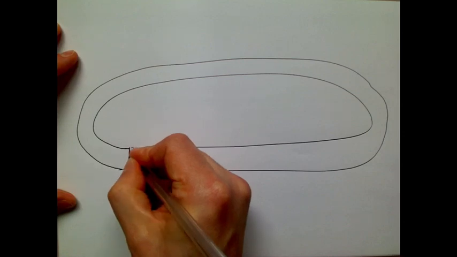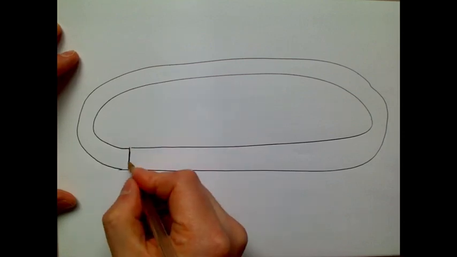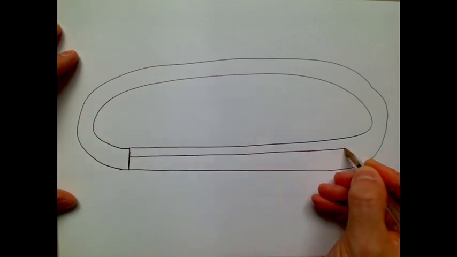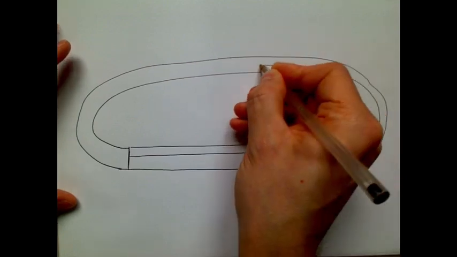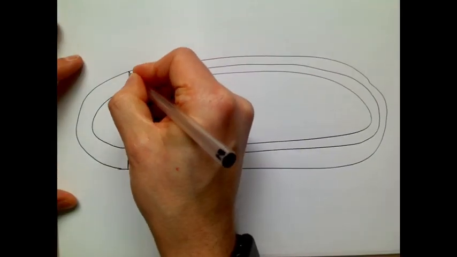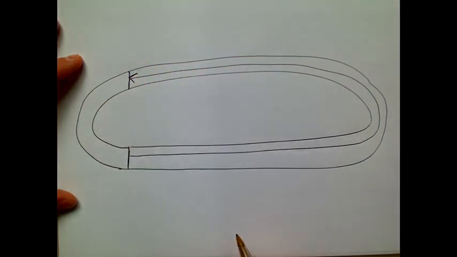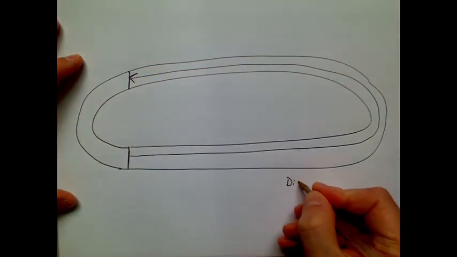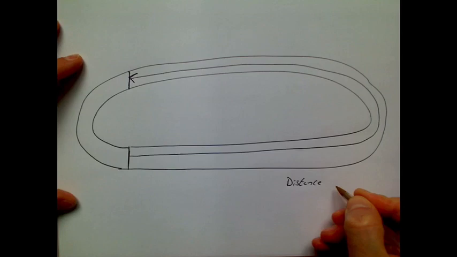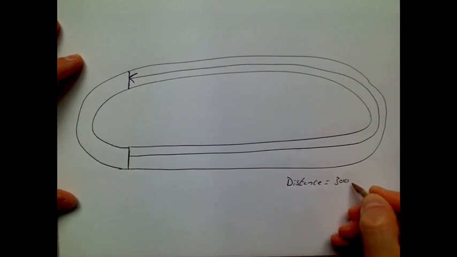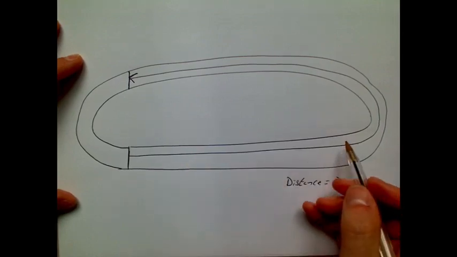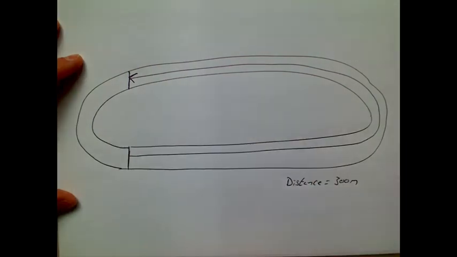So there's the start line. If you were to run all the way around the track to here, you would have run a distance of 300 meters. You have physically covered 300 meters as you run around.